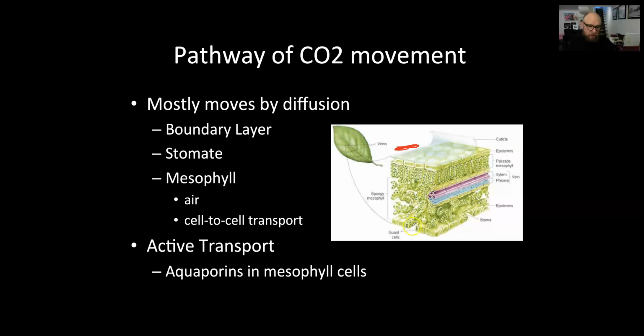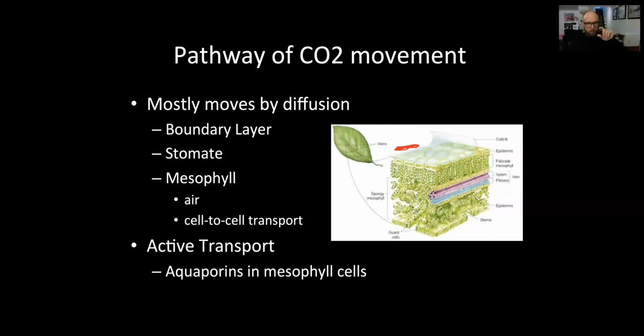So the CO2 has to get from down here, or wherever the stomate is, and diffuse up through the spongy mesophyll to get to that palisade layer. And so that pathway can be relatively long. So depending on how thick the spongy mesophyll is, that can impact the mesophyll conductance.